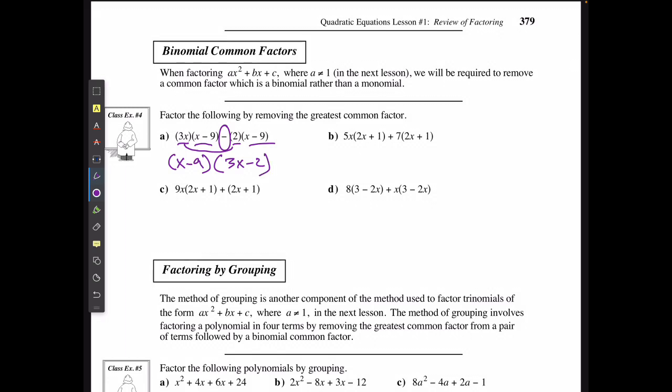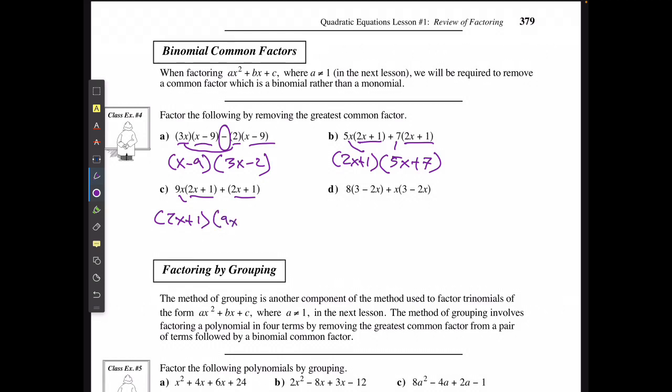I can do the same thing here. They're both being multiplied by 2x plus 1. And then I'm going to group together what is outside the brackets, the 5x and positive 7. Down here, I have the 2x plus 1. And then I can group together the 9x.